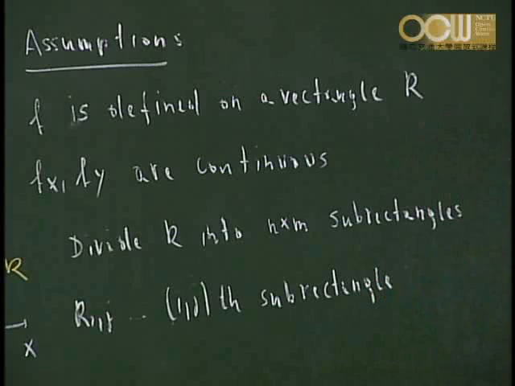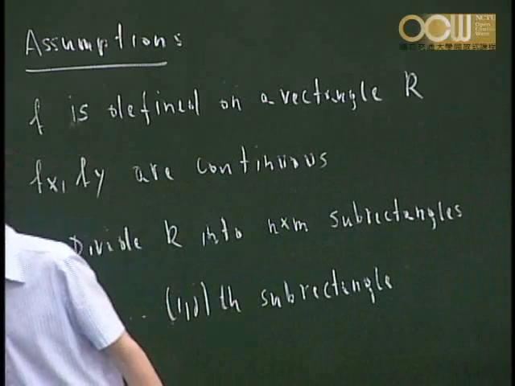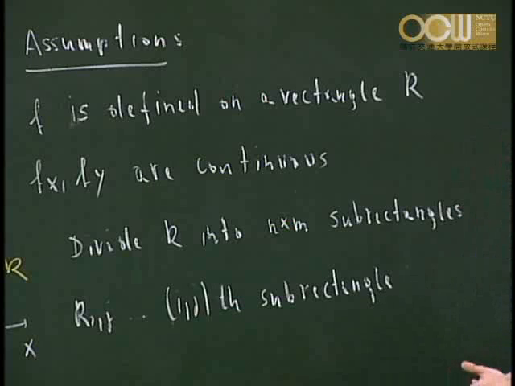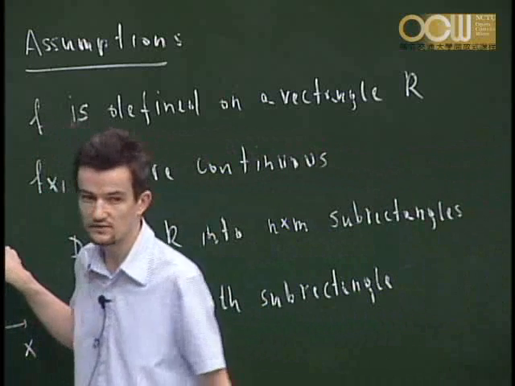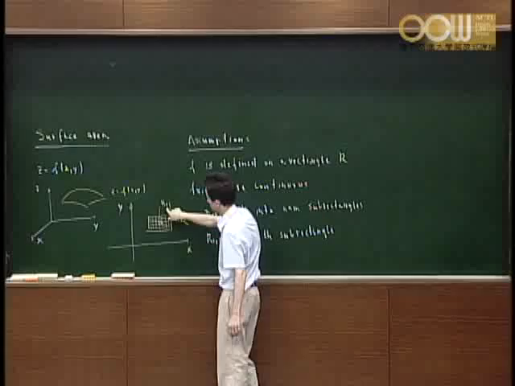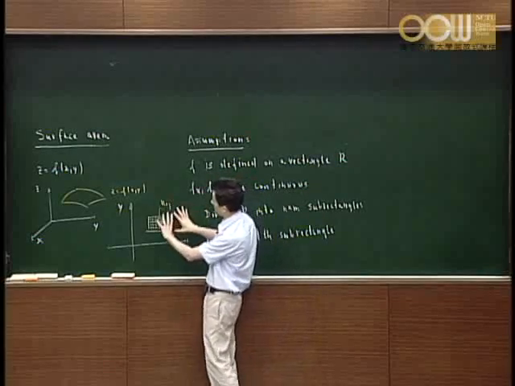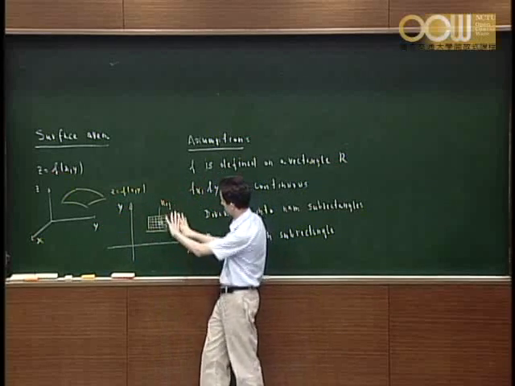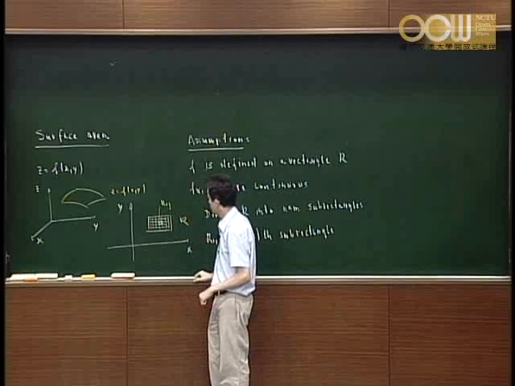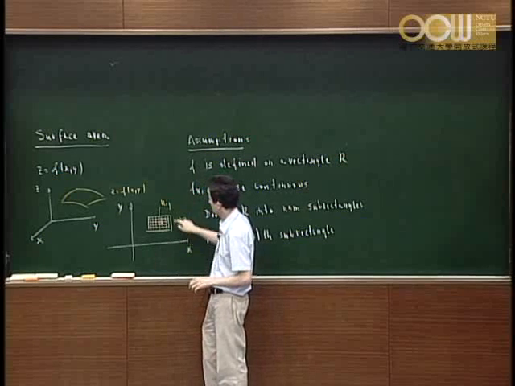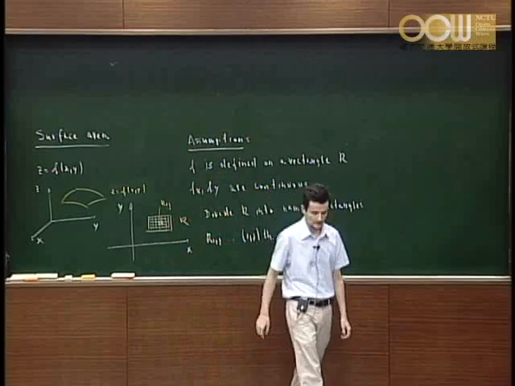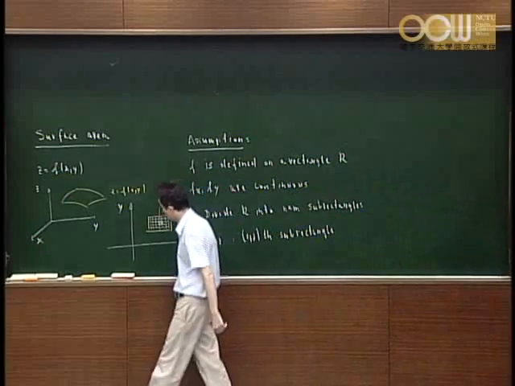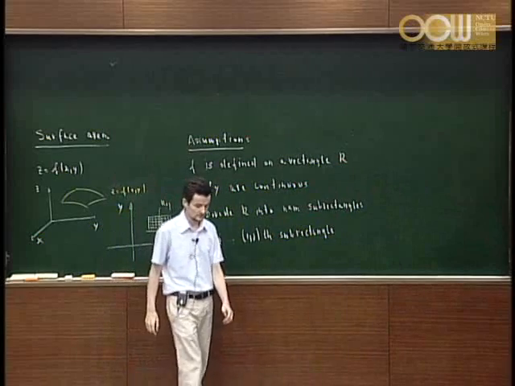Okay, so what we want to do first is to at least approximate the surface area of the part of the surface which lies above this subrectangle. Okay, so we have some part of our surface, of course, lying above R, and we are interested in computing the surface area of the surface above R. But we first look at the part of the surface which lies above this subrectangle. And this part of the surface, and this is the idea actually, we are going to approximate by the tangent plane.